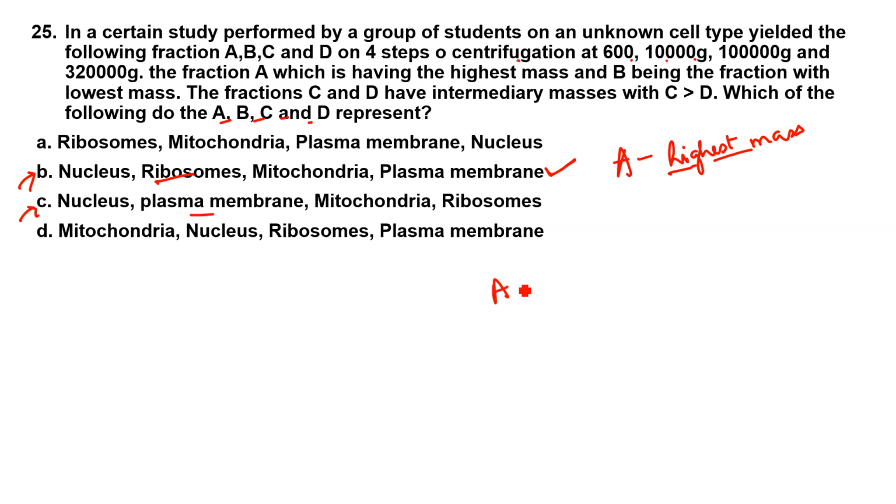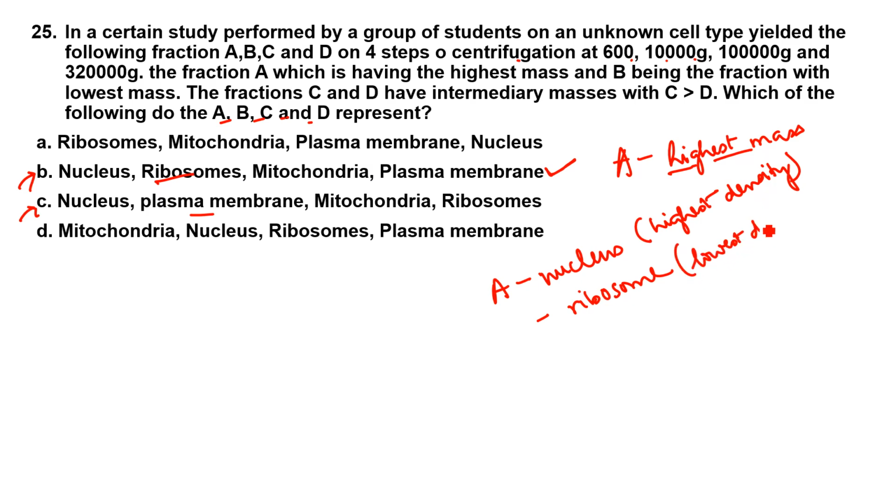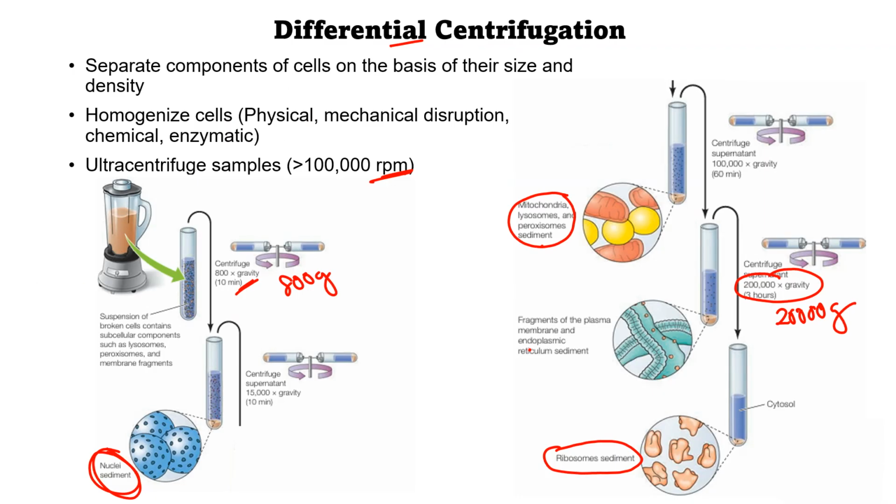Just remember that the highest density is the nucleus, and the lightest is the ribosome. The nucleus has the highest density, so it will sediment at lower RPM, and the ribosome has the lowest density, so it will require a higher RPM for sedimentation. Option B is correct. You just need to remember this figure. Go through this figure and you will understand the concept very nicely.